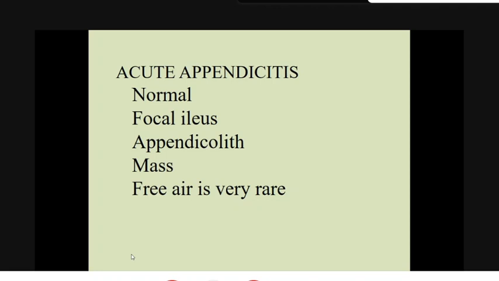It results from the localized inflammatory changes, which may progress to perforation, abscess formation, or paralytic ileus. So there are no definite signs for acute appendicitis on plain films, but if we do plain films to patients with acute abdomen, we should look for these signs: focal ileus, appendicolith, mass, or free air.